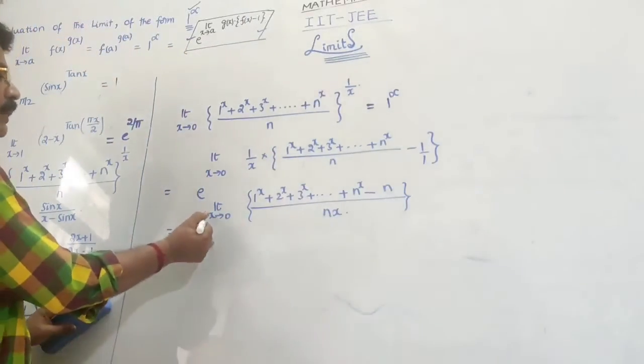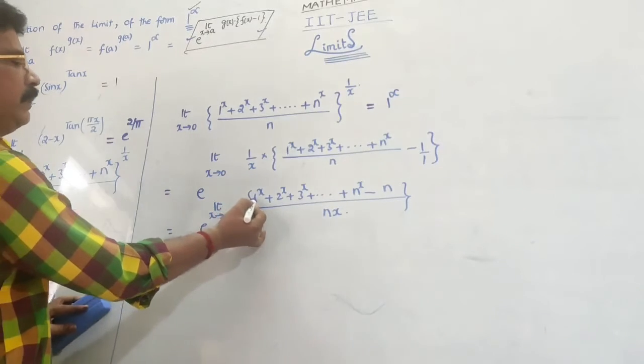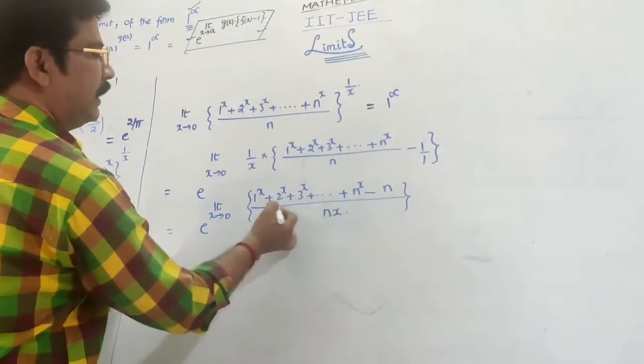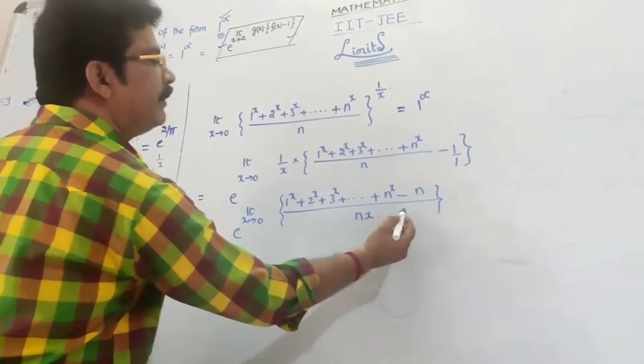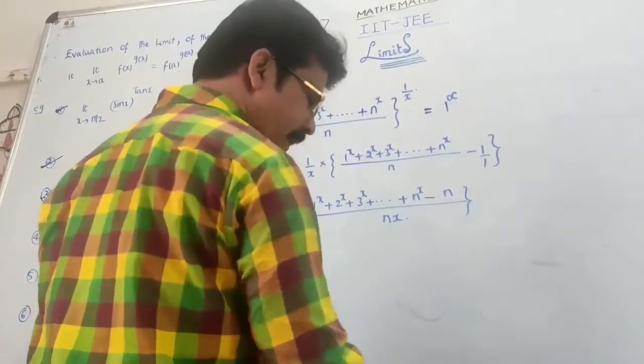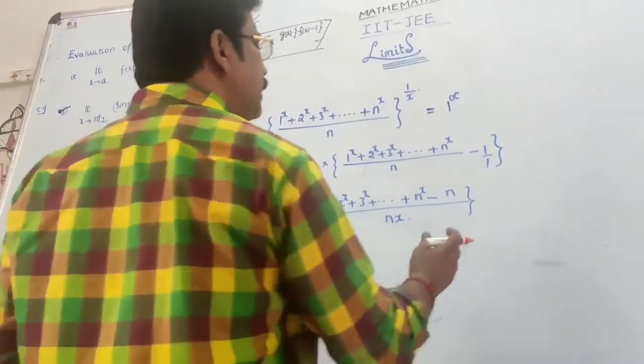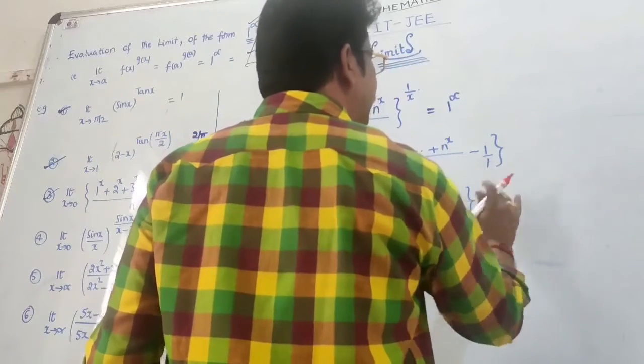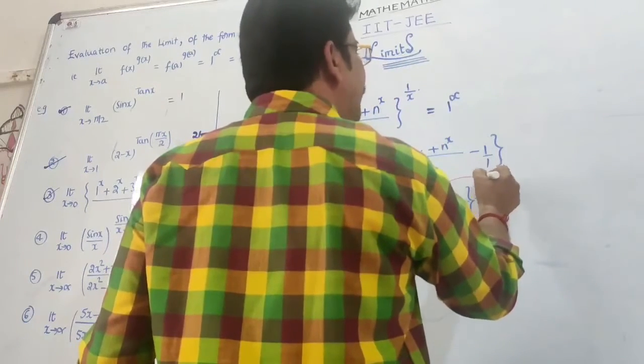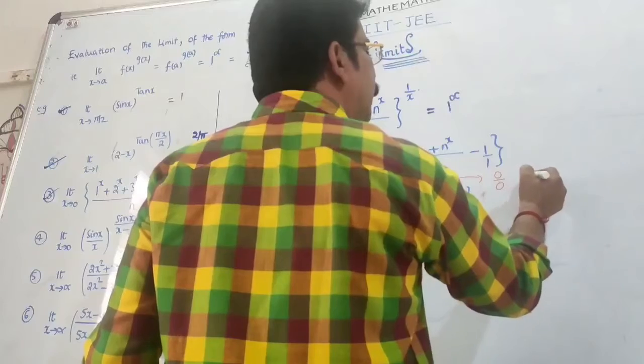So put x equal to 0. Putting x equal to 0 gives n minus n, 0 by 0. So here we are getting 0 by 0.